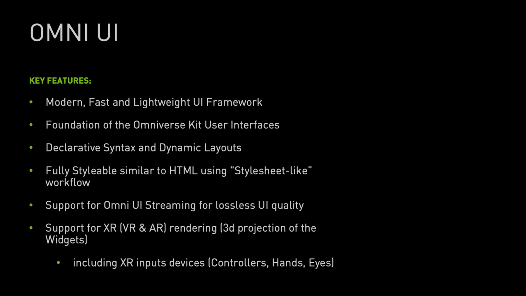We wanted our UI to be declarative and have very dynamic layout. It has to be fully stylable, using HTML-like style sheet workflows. We also have implementations for UI streaming with lower UI quality, and we are working on XR, VR and AR rendering to project those widgets into the 3D worlds.